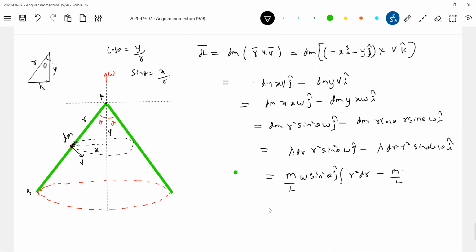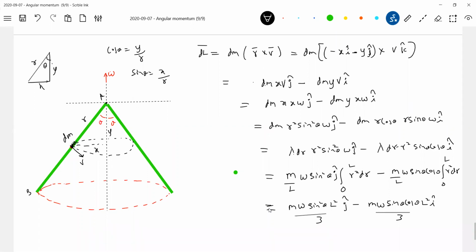This will be M by L omega sin theta cos theta r square dr, from 0 to L. So L cube by 3, the limit should be 0 to L. And this will become M omega sin square theta L square by 3 j cap, M omega sin theta cos theta by 3 L square I cap.